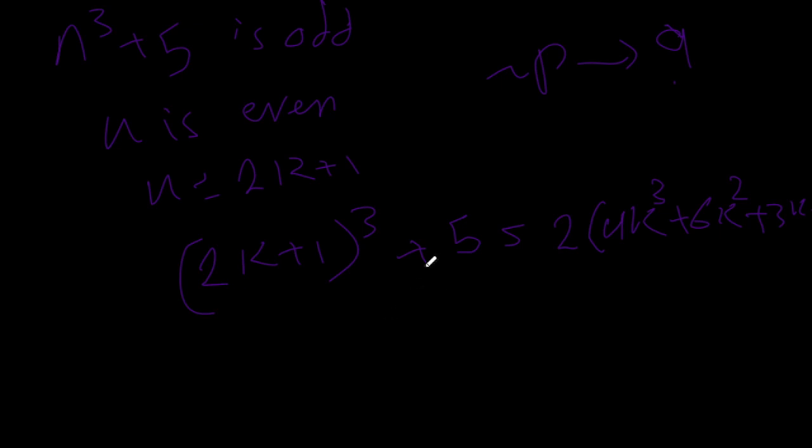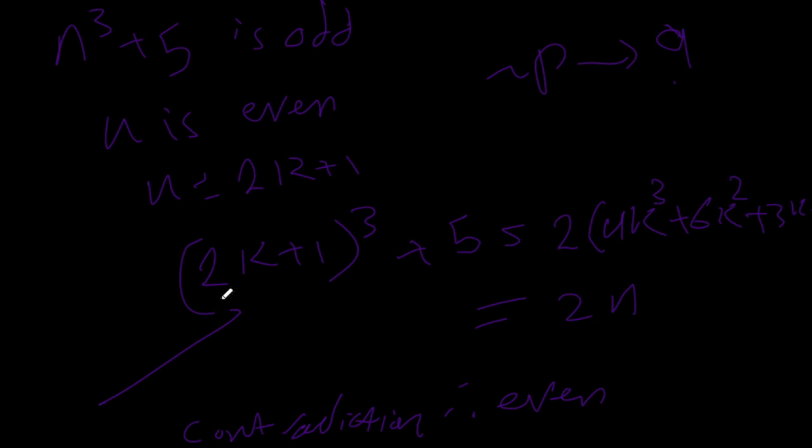And you can basically say now this is going to be 2 times a value, and this value is going to be n, and we start by saying n is odd, and we end up with having n to the power 3 plus 5 as an even, which is a contradiction, and this basically proves this equation.